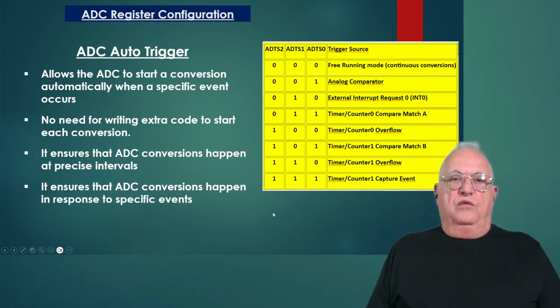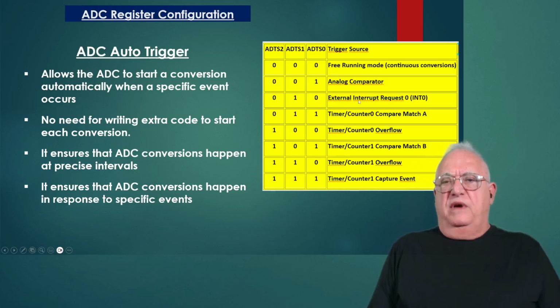So we have two choices. Either every time we want a conversion, we set the register to start a conversion, or it can be automatic. If it's automatic, for example, it could be free running. That means that once you set it up, it starts converting the input voltage into a digital value.